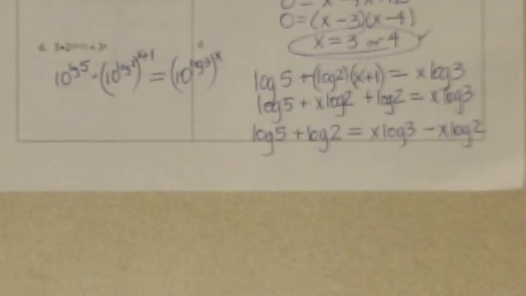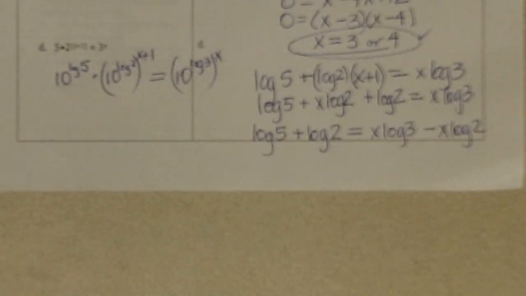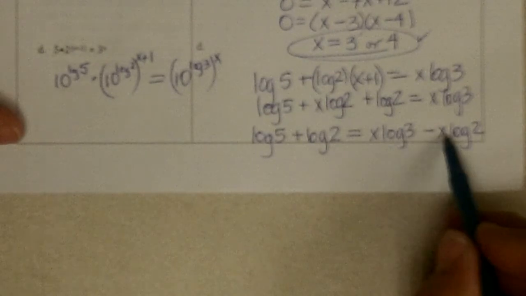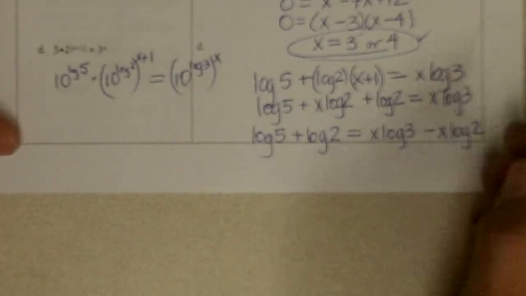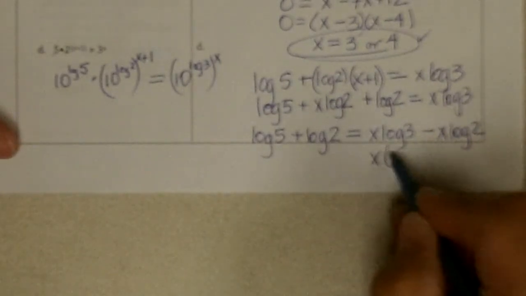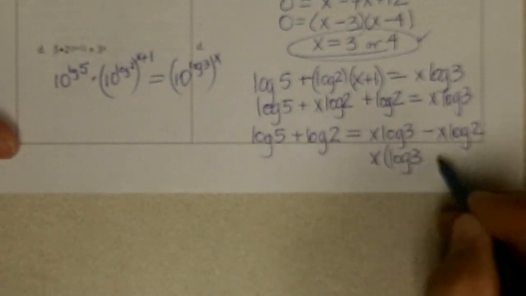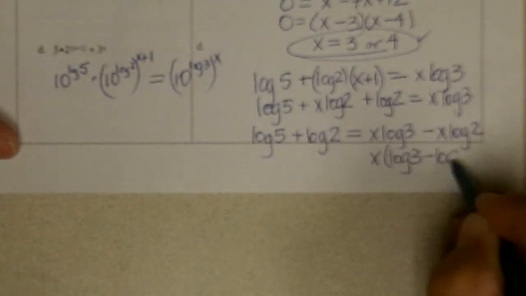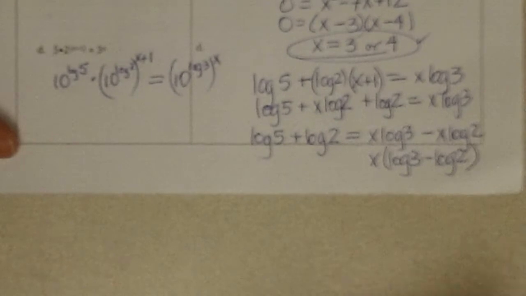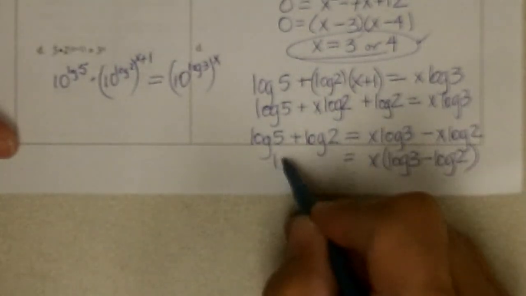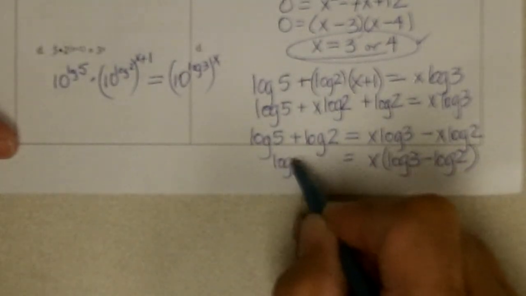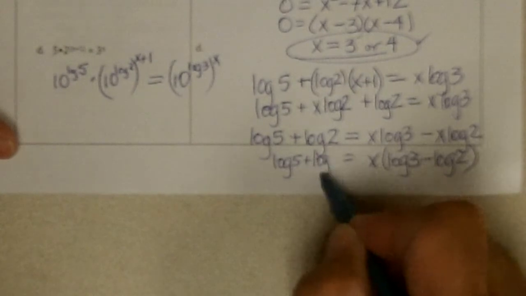Now I have all my x's on one side, and I'm going to factor out the x, and so I'm going to get x times log 3 minus log 2 equals log 5 plus log 2.